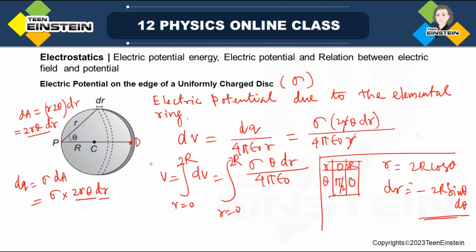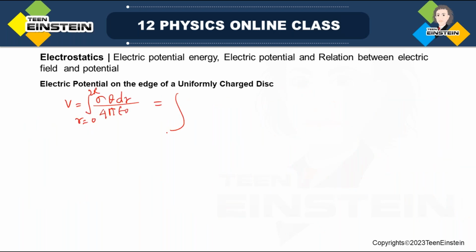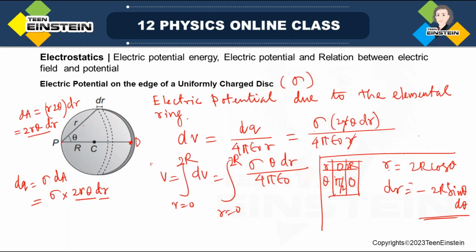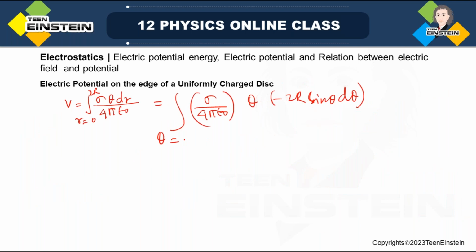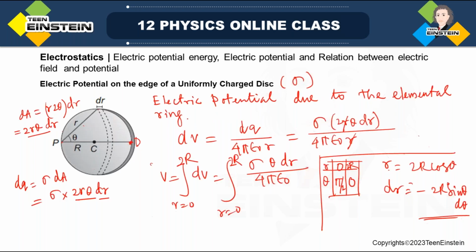Let me write the integration limit later. Sigma by 4 pi epsilon naught is a constant term. So theta, let it be there, and dr is actually minus 2r sin theta d theta. So what is the limit now? Theta limit we have already found out. When r is 0, theta is pi by 2, and when r is 2r, then theta will be 0.